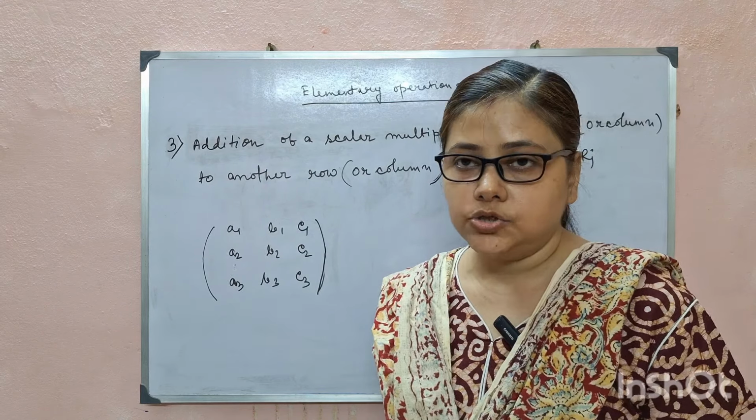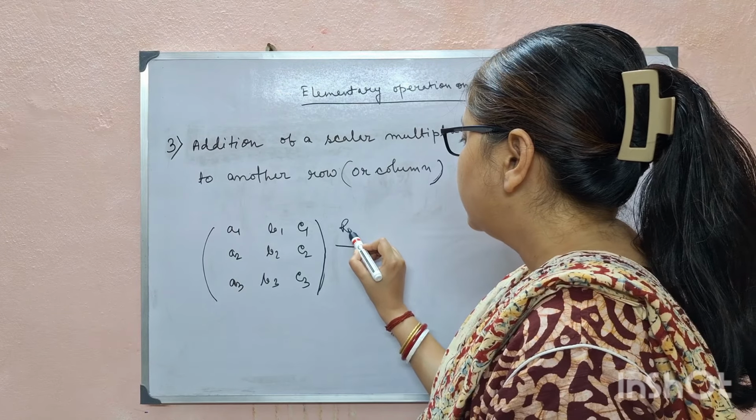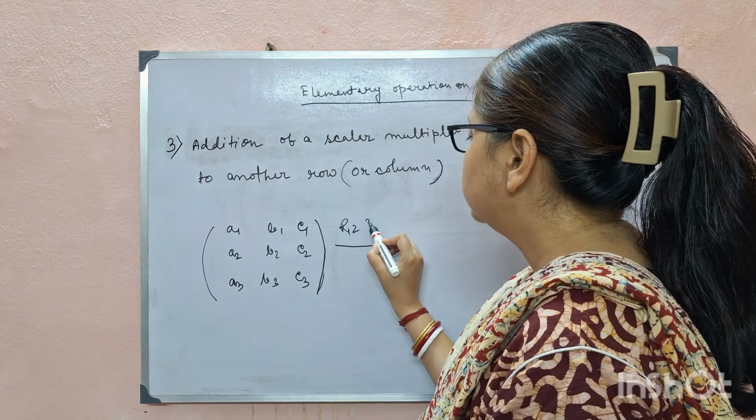Suppose this is a matrix A1, B1, C1; A2, B2, C2; and A3, B3, C3, and I am operating R_1,2(3).